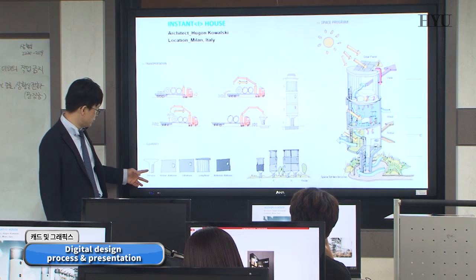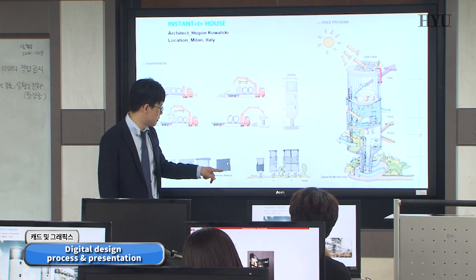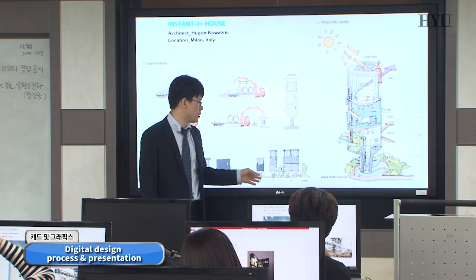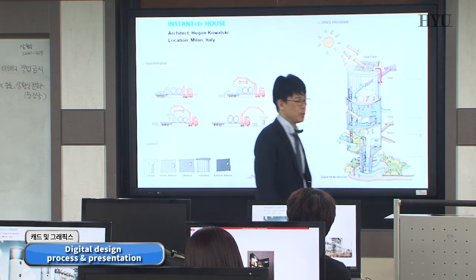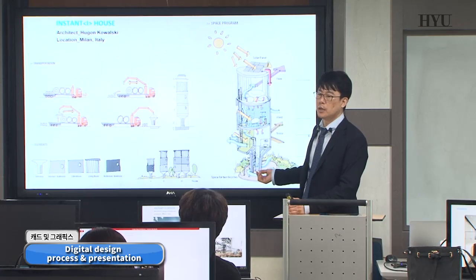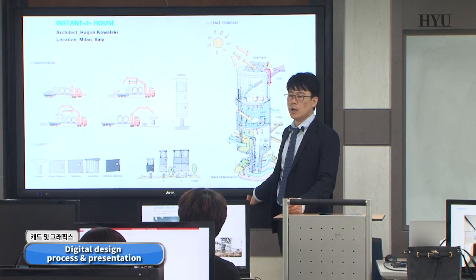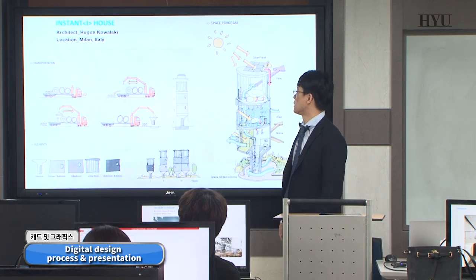Take a look. Entrance, kitchen, bathroom, living room, and another bedroom can be installed using various different types like this way. Okay, so sometimes this kind of hand drawing looking representation is much more effective, much better than photorealistic rendering.